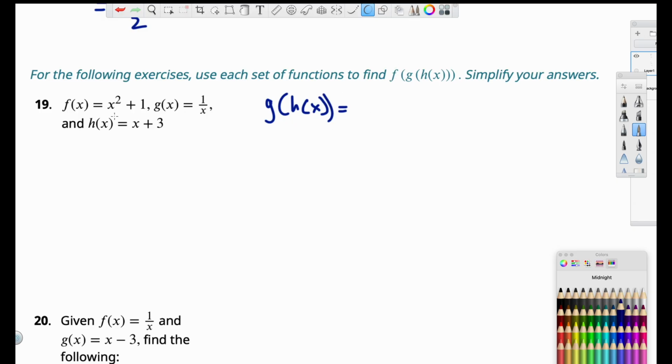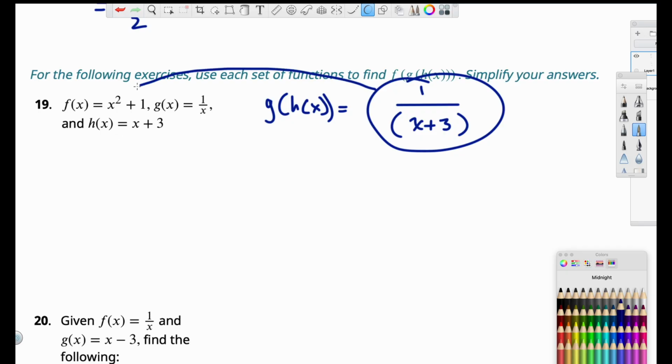We're going to write the g function here, which is 1 over x, but instead of x, I'm going to replace it with the h of x function. Okay, now we're going to take this whole thing and stick it into the f of x. So we've got f of g of h of x.